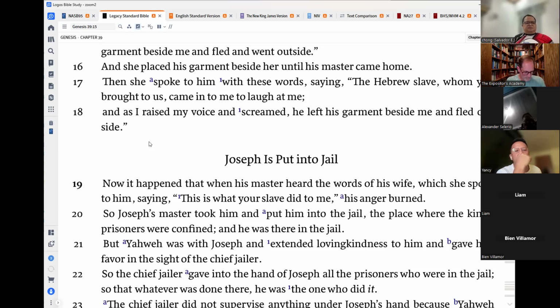Now it happened that when the master heard the word of his wife, which she spoke to him, saying, 'This is what you slaves did to me,' his anger burned. So Joseph's master took him and put him into the jail, the place where the king's prisoners were confined, and he was there in the jail.